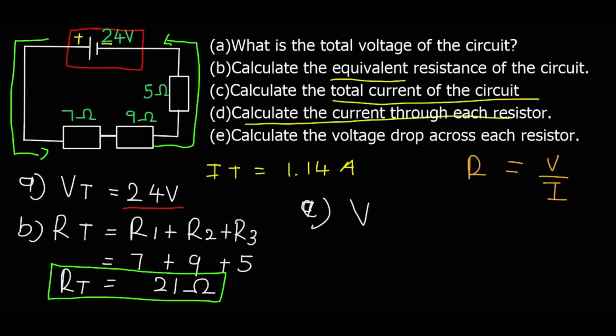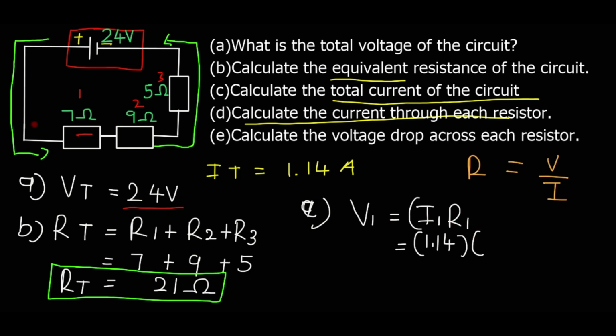We want the voltage of each resistor. We start with this one. Let's say this is resistor 1, this is resistor 2, and this is resistor 3. This means our V1 will be I1 times R1, because we want the specific voltage, so we will use I1, and I1 we found is 1.14 because current is the same everywhere.